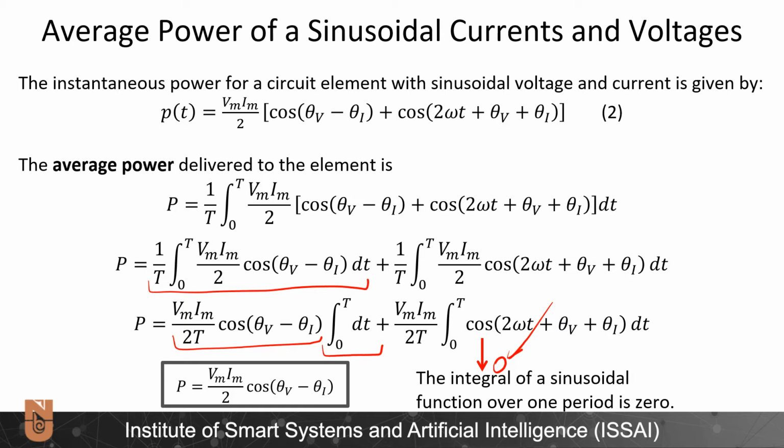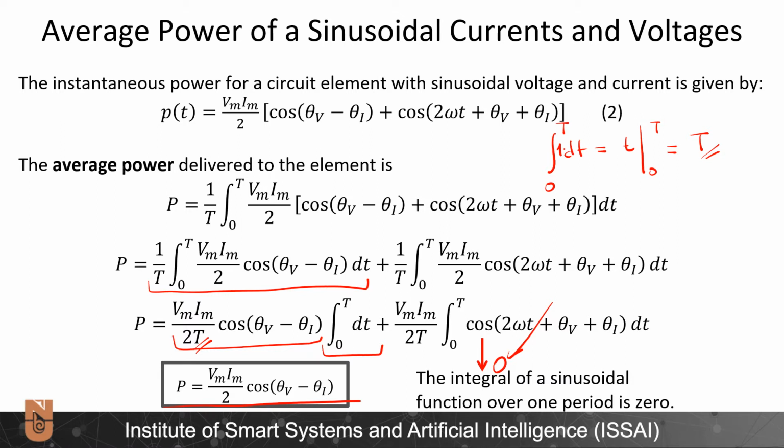And the result of this integral, let's do it together, is t from 0 to T, and this will be equal to T. Note here I divide by T, so this T divided by T, I end up with P is equal to Vm times Im divided by 2 times cosine(theta v minus theta i).